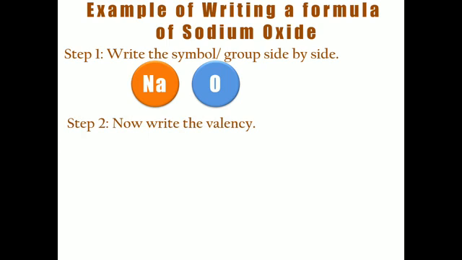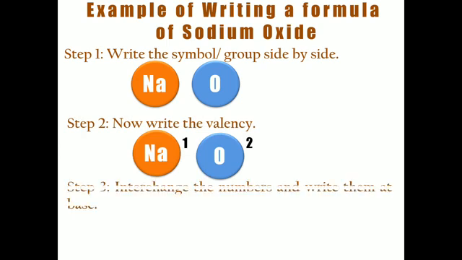Now the next step is to write the valency on the top right side. Like this, we can write their valency here and here. Sodium, we have already seen in the table, has valency 1, and oxygen has valency 2. Now we have to interchange their numbers diagonally to their bases.